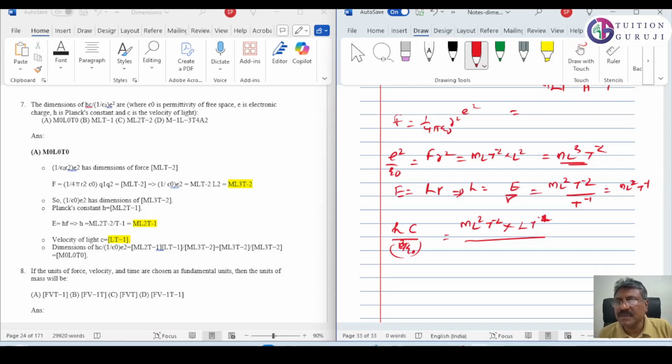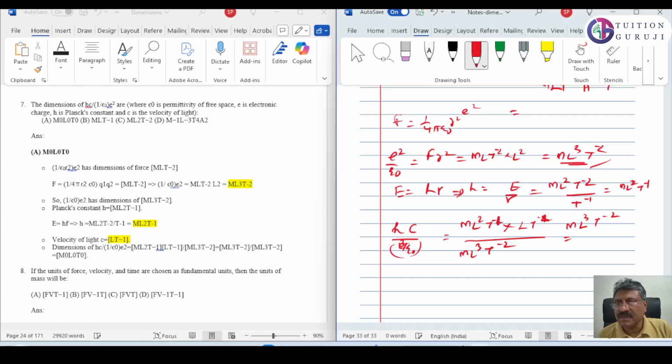Then E square by epsilon 0 we already got as M L cube T raised to minus 2. Here M L cube T raised to minus 2.